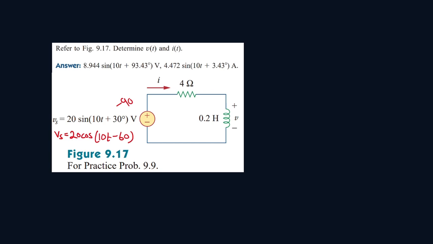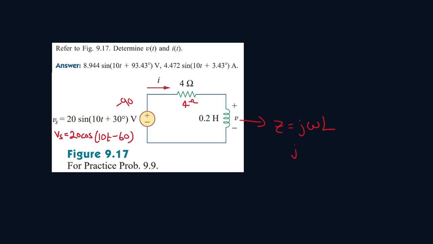All right, and let's get the impedance values for both of these. The impedance value for this will just be 4 ohms. The impedance value for this inductor will be an imaginary number, which will use J instead of I, and not get confused with this I, times the angular velocity times the inductance value.